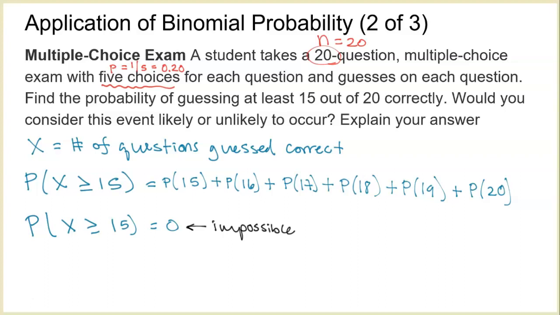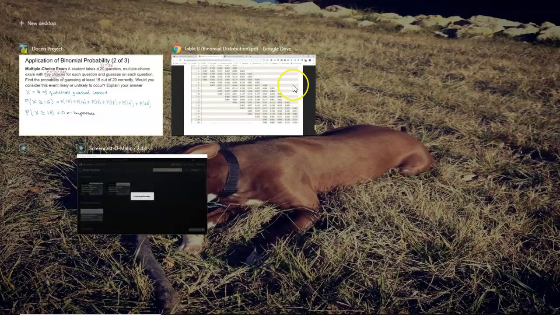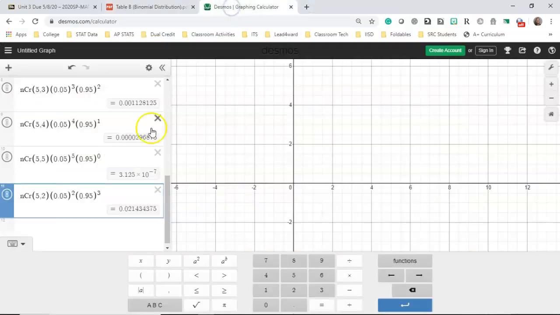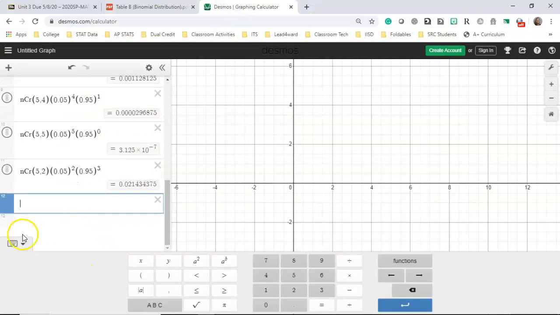Now we can use the formula for this as well to show the same value, but I want to show you probably a little easier way to get the value that we need, especially because there's 6 different probabilities we have to calculate. So in Desmos, you can pull up a feature known as a distribution.